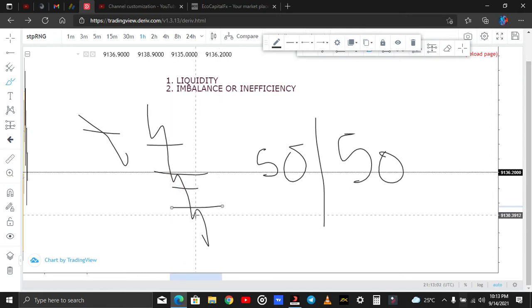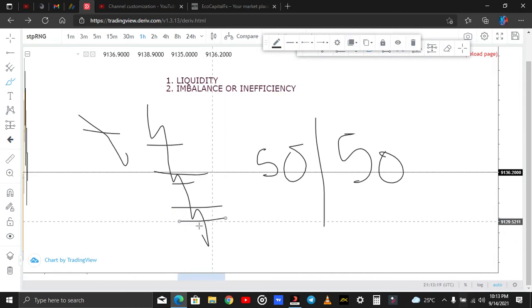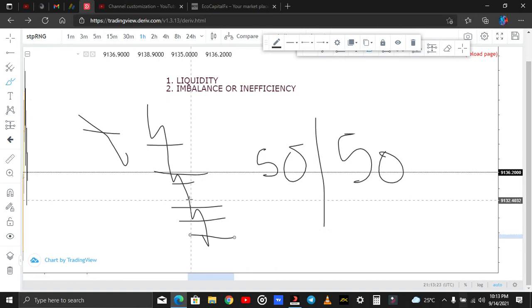So price just bought inside here a little bit and sold inside this candle a little bit. But from here to here, it was just pure selling pressure. Here also, there was just pure selling pressure. So the price here is inefficient. So this price can be called inefficient or imbalance.